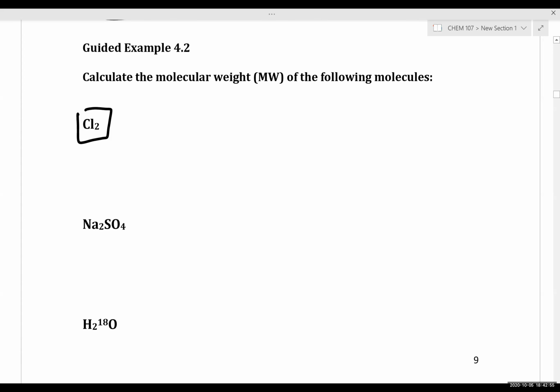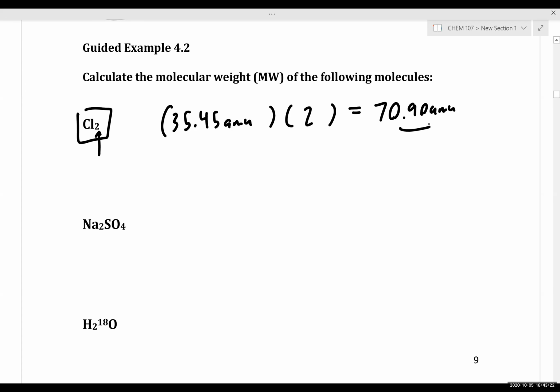For chlorine, which is Cl2, I know my atomic mass is 35.45 AMU per chlorine atom, and I multiply it by 2 because I have 2 chlorine atoms. That gives me a molecular mass or molecular weight of 70.90 AMU per chlorine molecule.